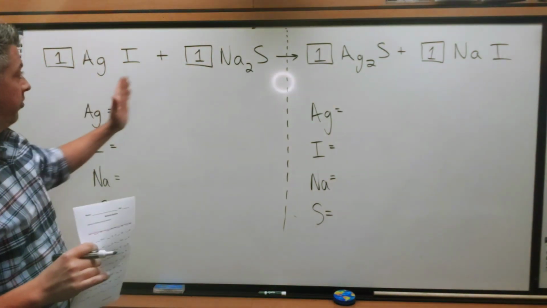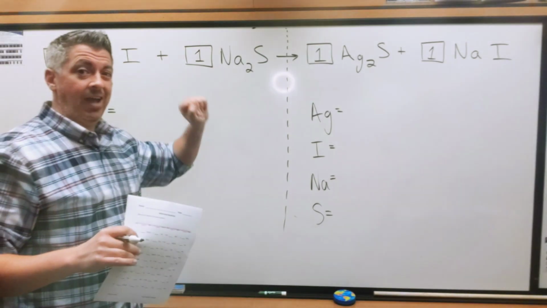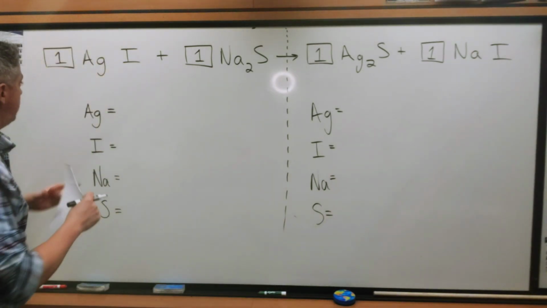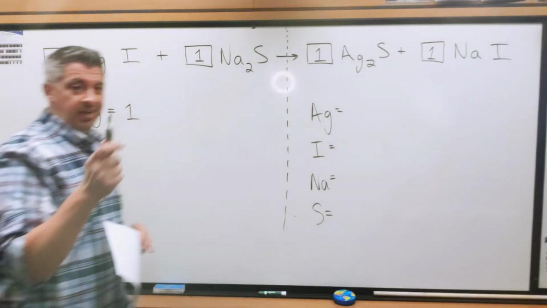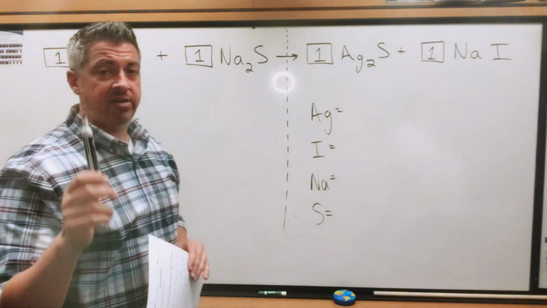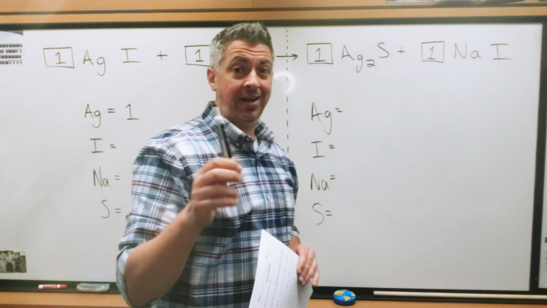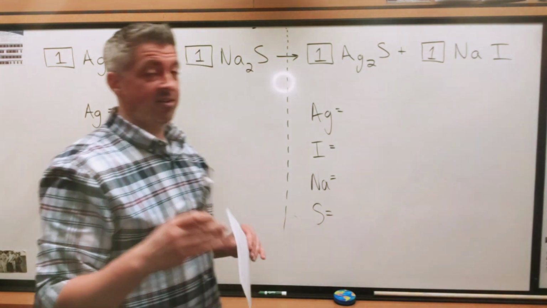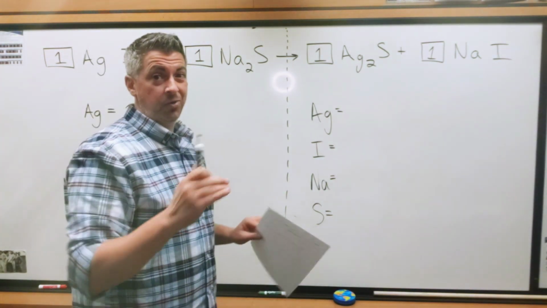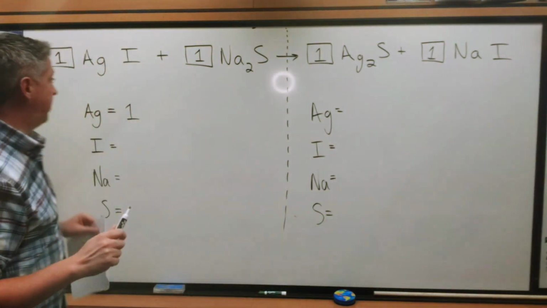It's always whole numbers. So let's count what we have. We have here 1 Ag, so I'm going to put the number 1. By the way, I'm using an erasable marker. I suggest that you use something that could erase, like a pencil. If you're going to use ink, make sure to have plenty of whiteout because part of this is going back and forth and doing a lot of erasing. So get ready for erasing.